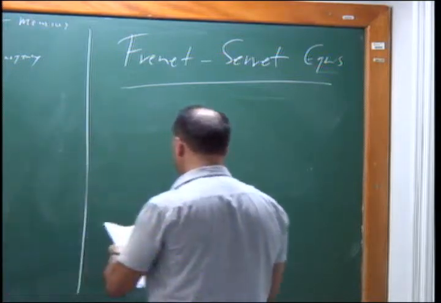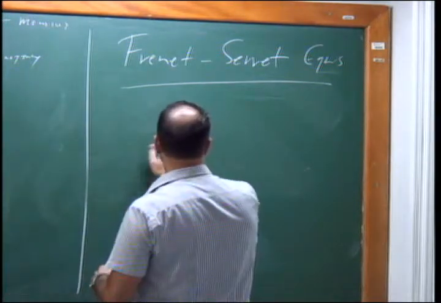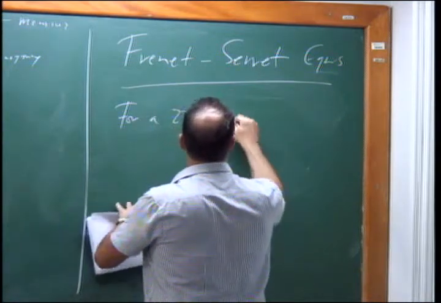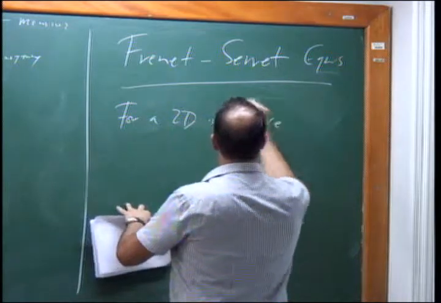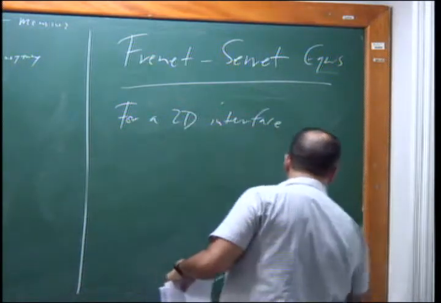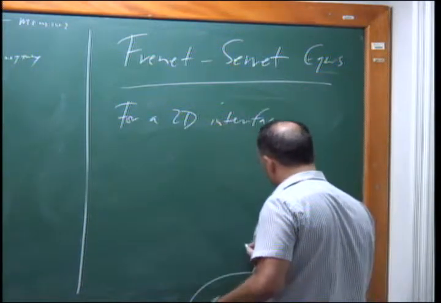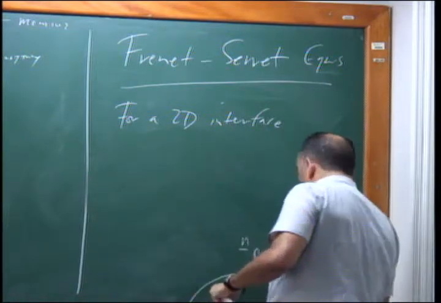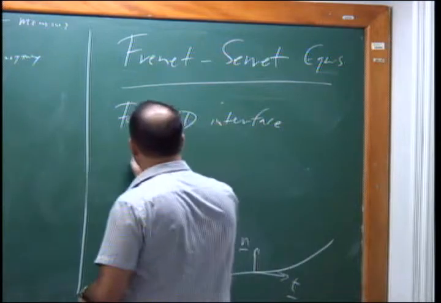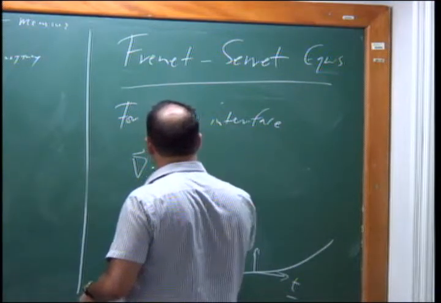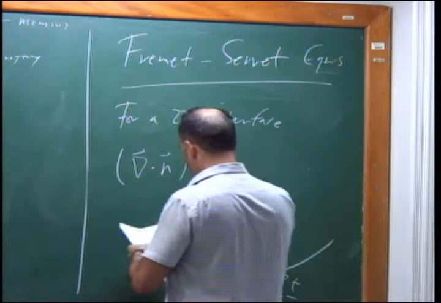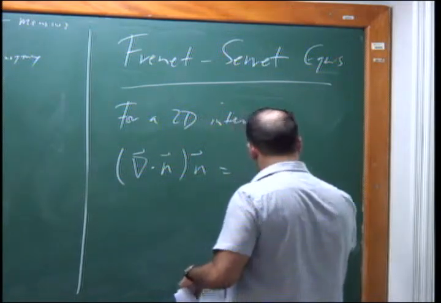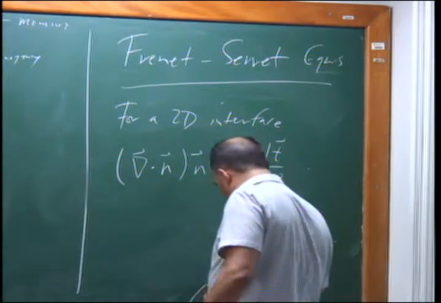So if we have a 2D interface, we have the normal n and the tangent t, and they're related. We can express the divergence of the normal as dt/dl, where l is an element of arc length.